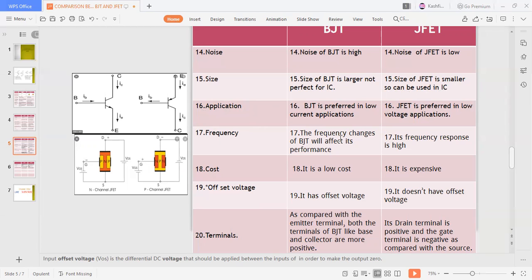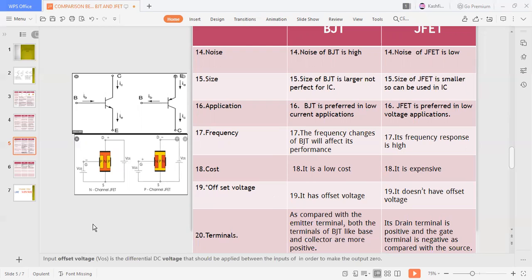Frequency. The frequency changes of BJT will affect its performance, but for JFET its frequency response is high. Cost. The cost of BJT is low, but JFETs are expensive. Offset voltage. BJT has offset voltage, but JFET doesn't have offset voltage.